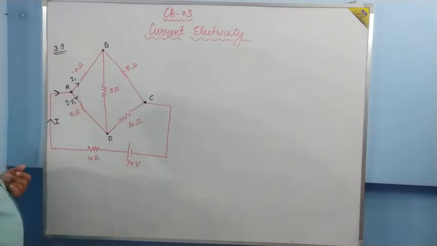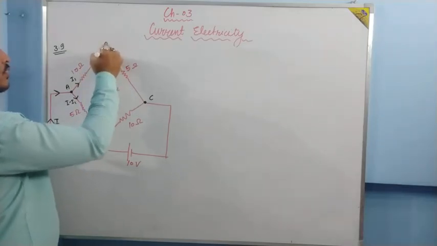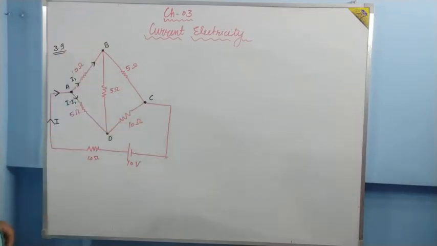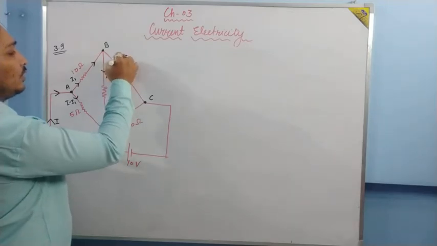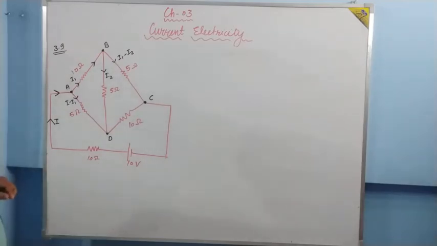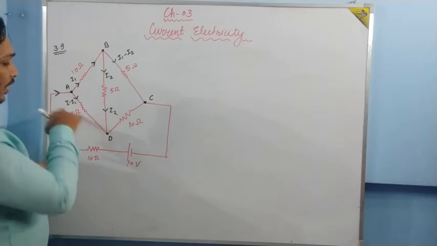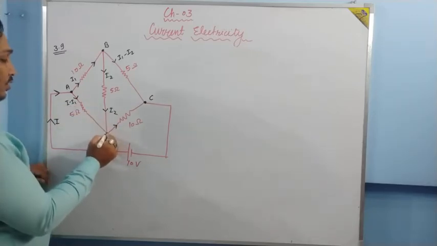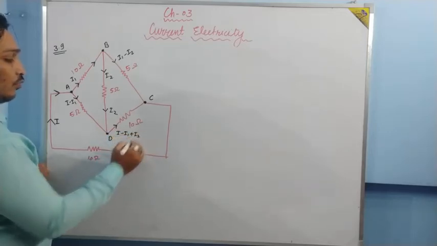Now this I1 goes over here. At this junction, it will be divided toward this side and this side. If this current we consider as I2, then this current will be I1 minus I2. Now this current I2 comes over here, and from here we have I minus I1. Both currents will be added at this junction to give I minus I1 plus I2.